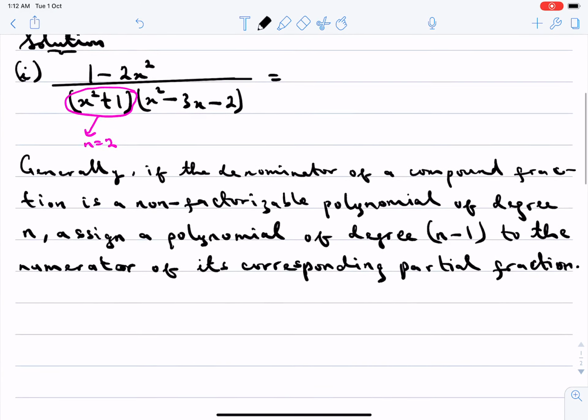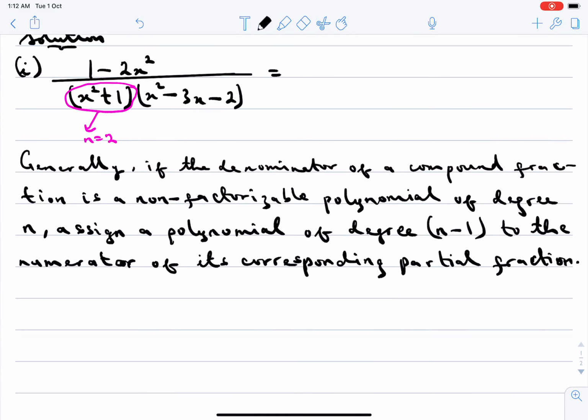So we now continue with our question. 1 minus 2x squared all over x squared plus 1 times x squared minus 3x minus 2.